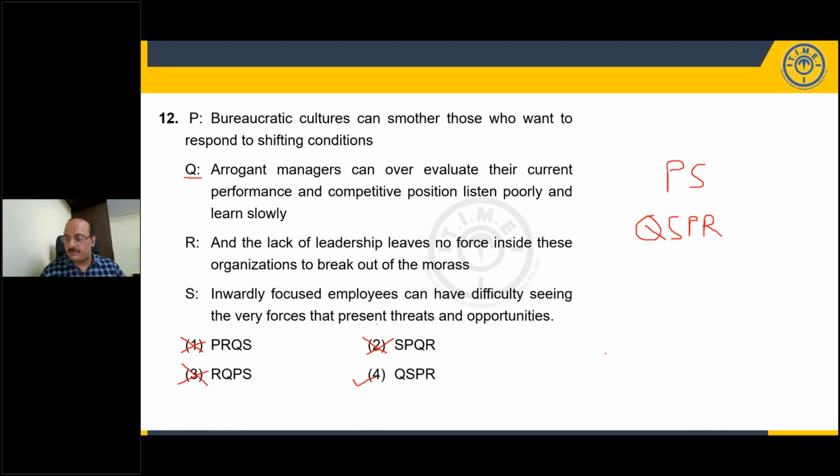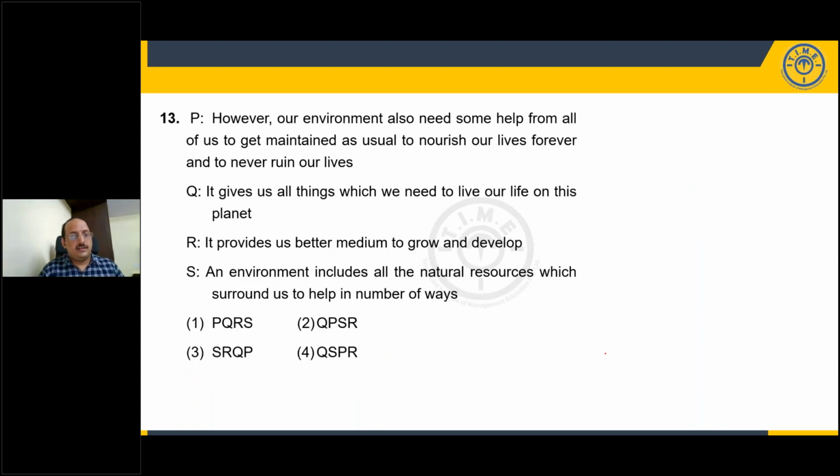Option number 4. All right, now let's try the 13th one. However, our environment also needs some help from all of us to get maintained as usual, to nourish our lives forever and to never ruin our lives.